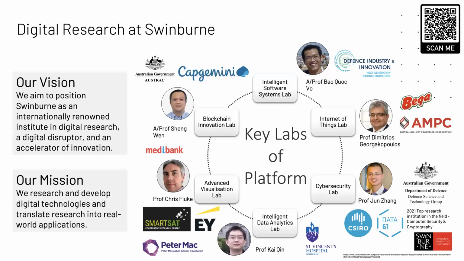Currently, we have 6 research labs, including the Intelligent Software Systems Lab, Internet of Things Lab, Cybersecurity Lab, Intelligent Data Analytics Lab, Advanced Visualization Lab, and Blockchain Innovation Lab. We have been working with our industry partners in different fields. We solve real-world challenges with our industry partners.